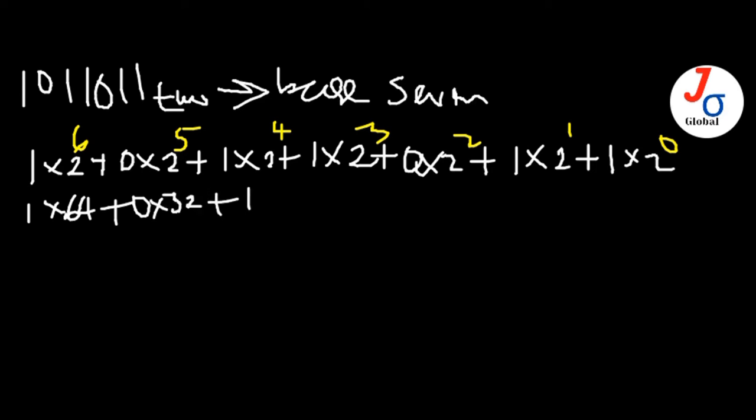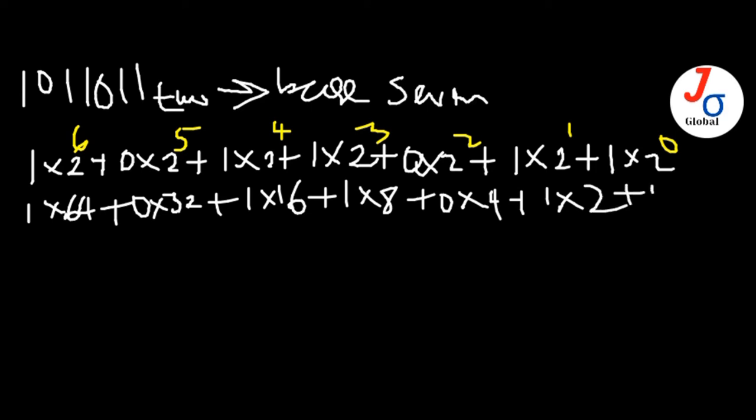Then plus 1, 2 to the power of 4 is 16. Plus 1 times 2 to the power of 3 is 8. Plus 2 to the power of 2 is 4. Plus 2 to the power of 1 is 2. Then plus 1 multiplied by 2 to the power of 0 is actually 1.